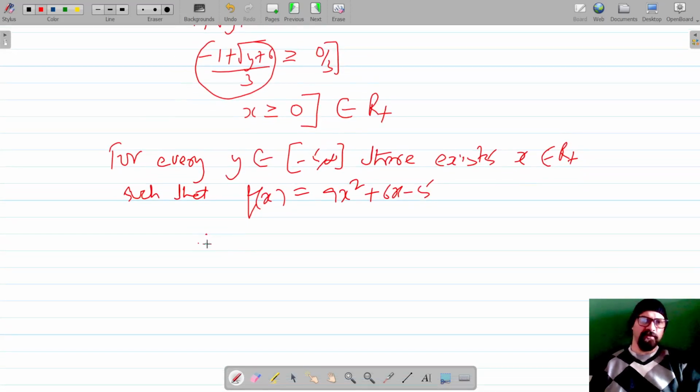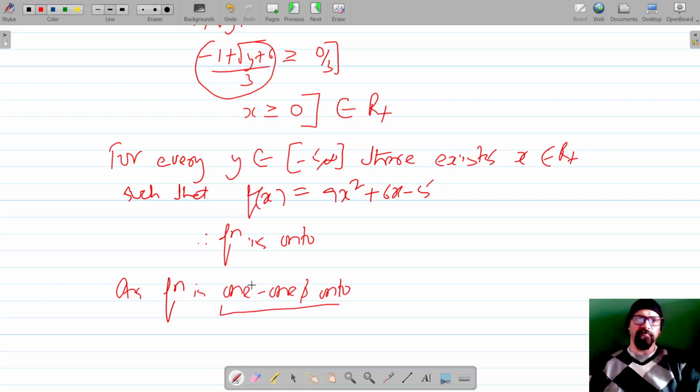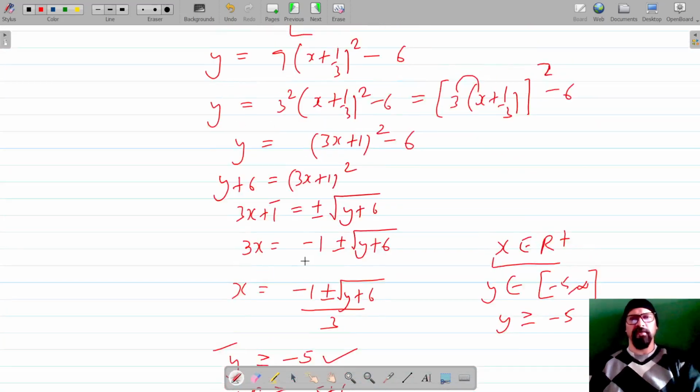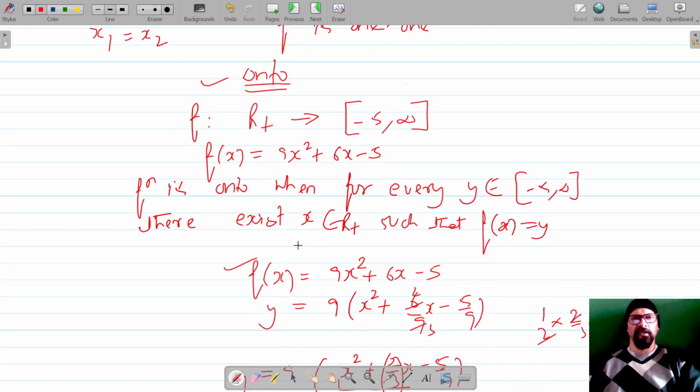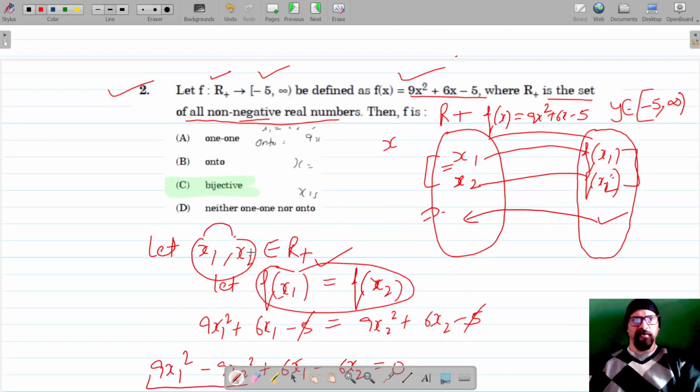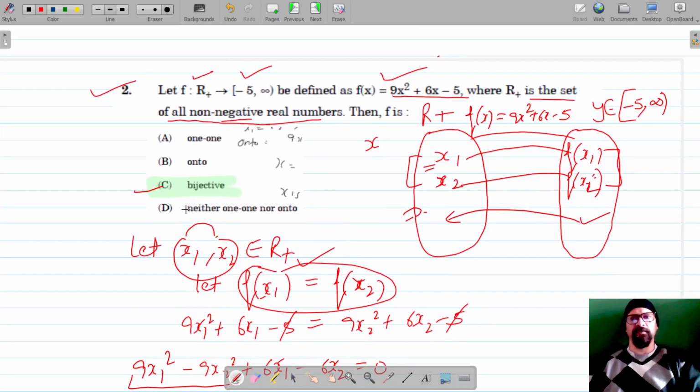So our function is onto, and as the function is one-one and onto, that means that the function is bijective. So this function is bijective, and our option should be option C.